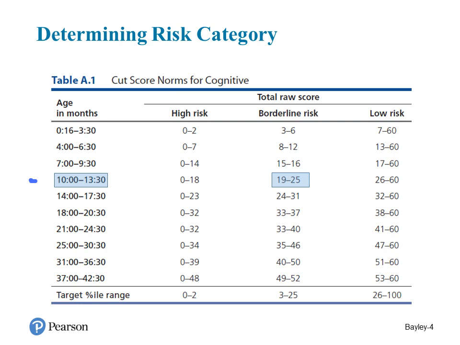But let's say the raw score was 26, which would place the child in the low risk category. The range of raw scores for low risk is 26 to 60, so when a child's score falls right at the beginning of the range for that category, I like to think about the child straddling the borderline and the low-risk categories.